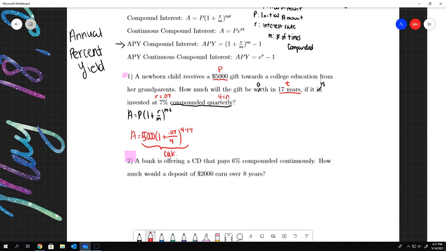And round to the hundredths if it doesn't specify otherwise, so that's 2 decimal places. So this would be $16,267.11. Make sure you indicate this is money. So that's how much the money will be worth for the granddaughter's education in college in 17 years.